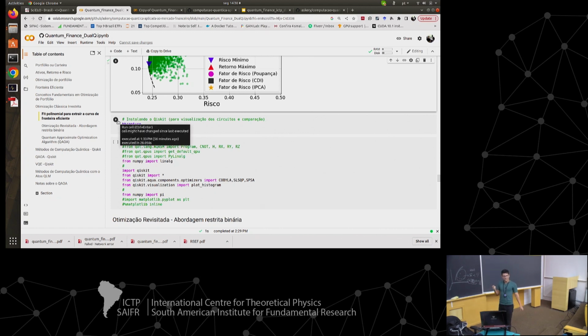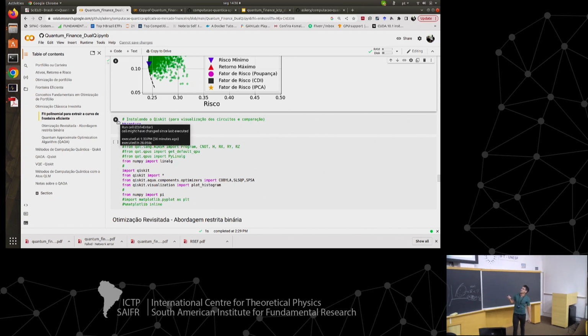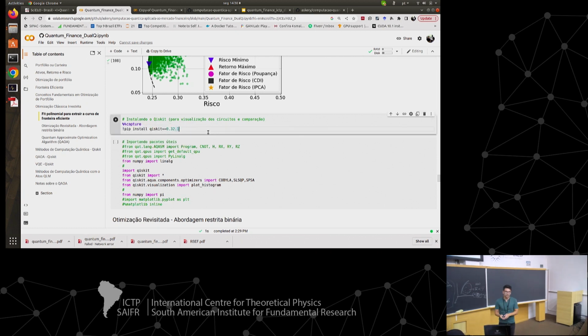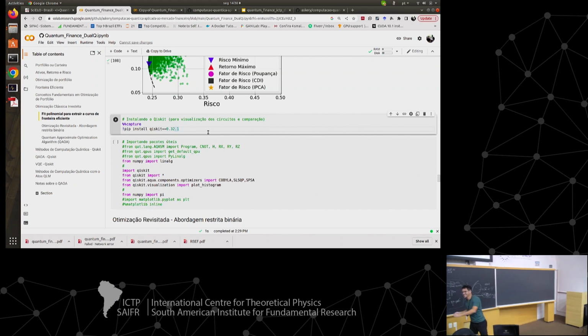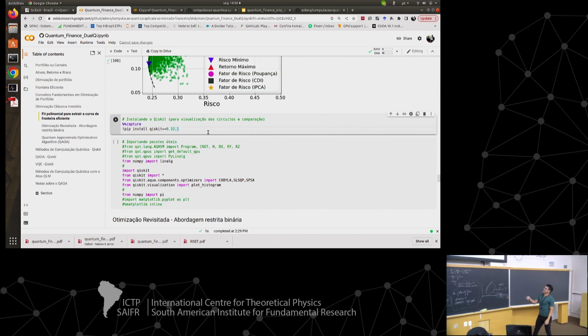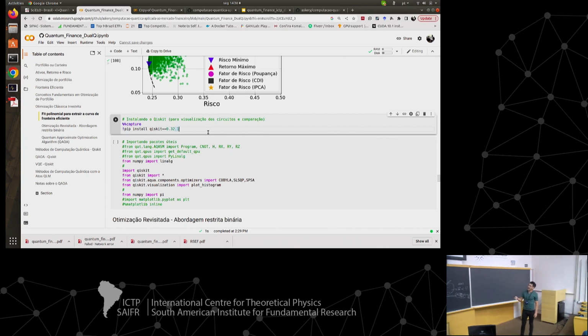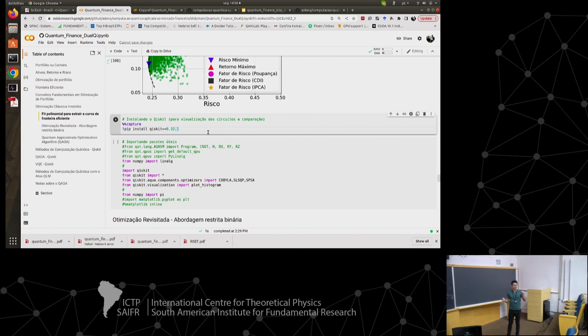This is an important trick that I have to tell you: this code only runs with this specific version of Qiskit, or lower, not higher, because now we are going to enter into quantum. We have this Aqua package, or Aqua branch in Qiskit, that has a very friendly interface for quantum finance.